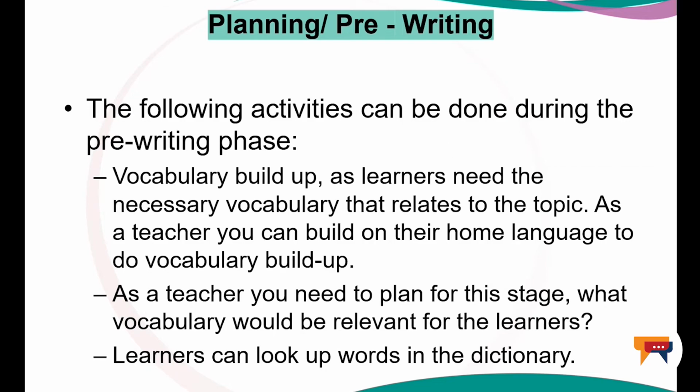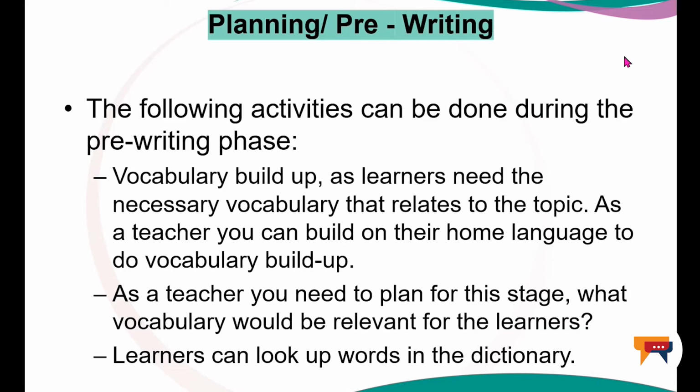Right, the following activities can be done in helping the learners answer the questions that they put to themselves. So firstly, starting off with a vocabulary build-up. So remember, these are first additional language learners, so they do not have a large spread of vocabulary. So here we need to obviously help build up their vocabulary for the specific topic.